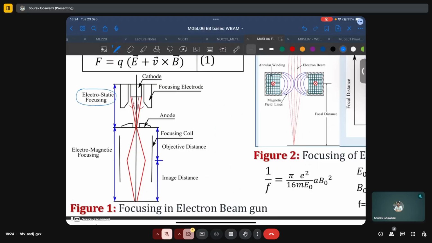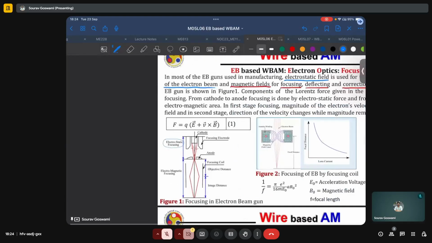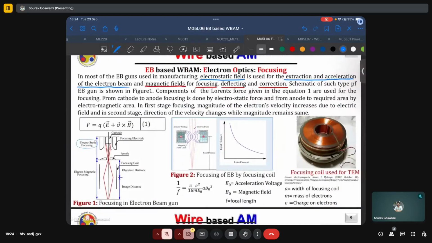This is the region of electrostatic focusing. These electrons are accelerated because of electrostatic forces or the positive charge on the anode till the anode, and afterwards further acceleration, deflection, and correction are achieved using this magnetic field.